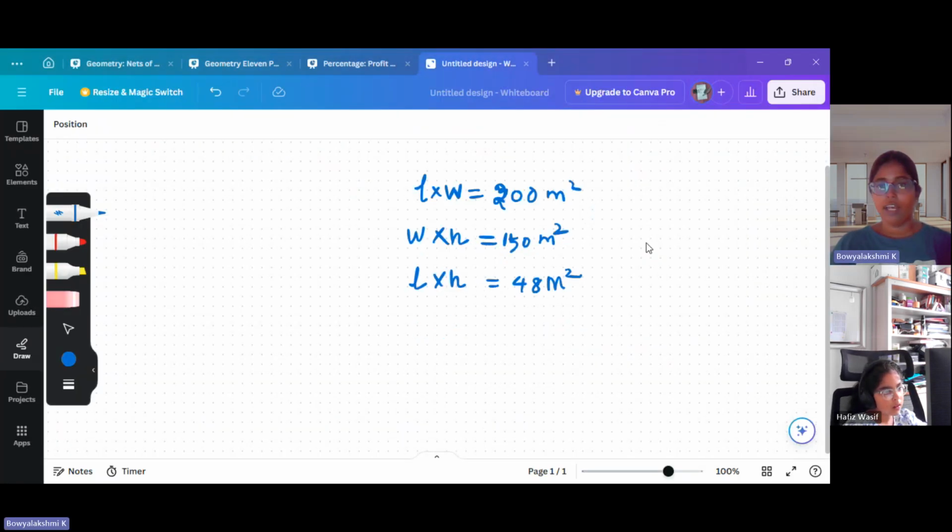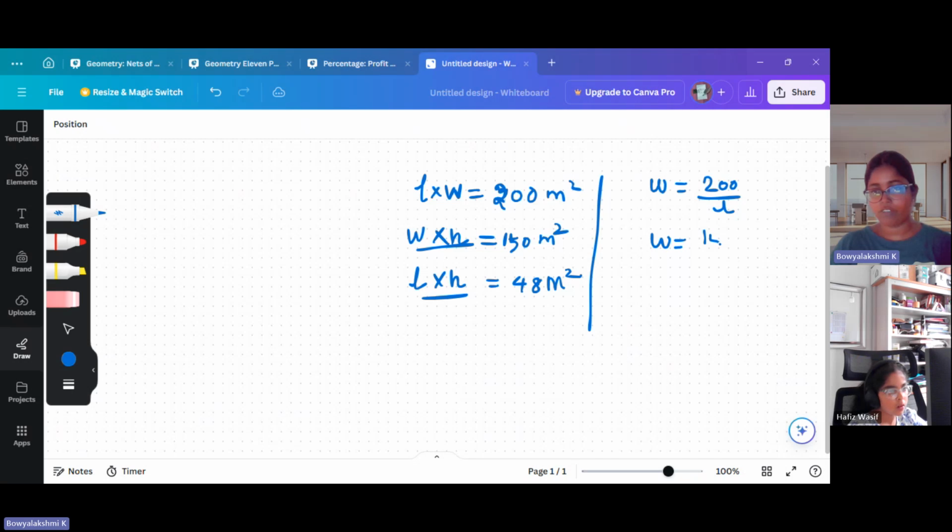Okay, let's solve. This is quite tricky, so just pay attention carefully. I want H, so let me make W is equal to 200 by L. And what is W here? From this, W is equal to 150 by H. And we can equate these two, okay?